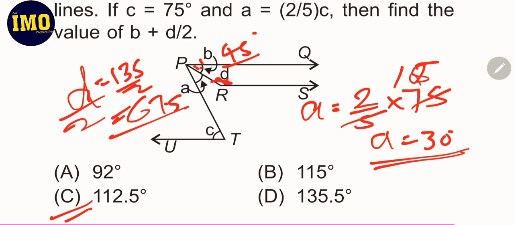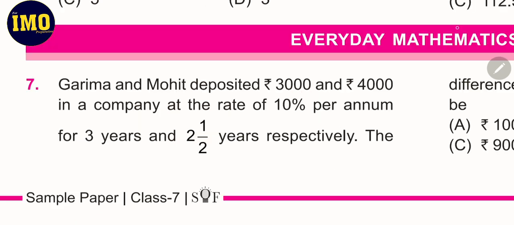Now move to the next question. In question number 7, Garima and Mohit deposited 3,000 and 4,000 in a company at the rate of 10% per annum for 3 years and 2.5 years respectively.